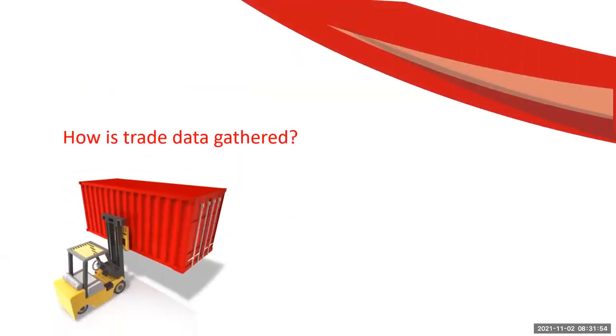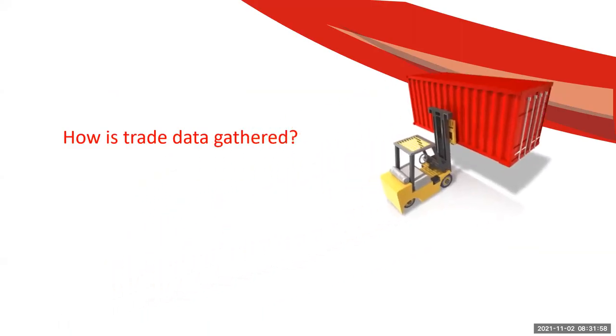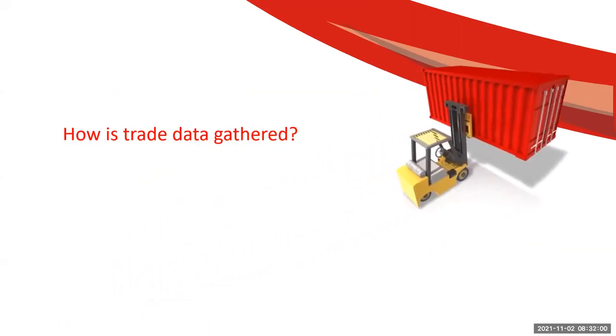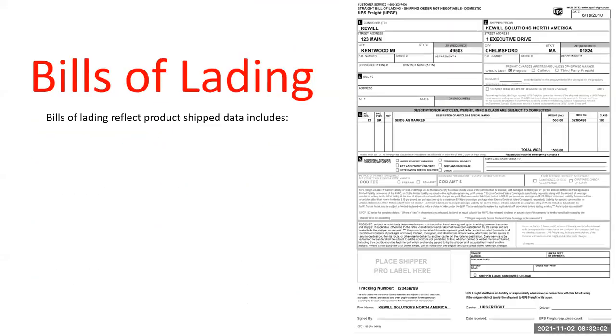So how is international trade data gathered? Bill of lading. Now, as a consultant, your exporters and your traders should be familiar with bills of lading, and every shipment of every size, except for stuff that comes in the mail, has a bill of lading.